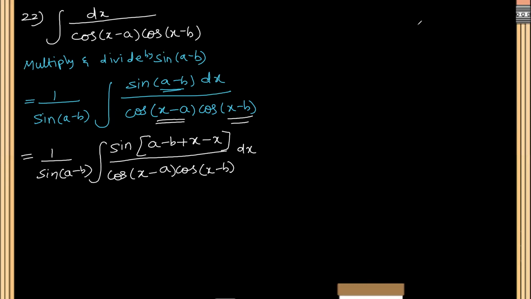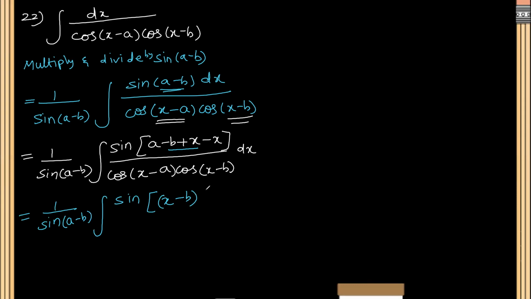Now, grouping the terms, in the denominator we have x minus a, x minus b. So we can group plus x and minus b, minus x and a. That is 1 by sine of a minus b into integral sine of plus x, I'm writing first, minus b next, and I have plus x in both the arguments.